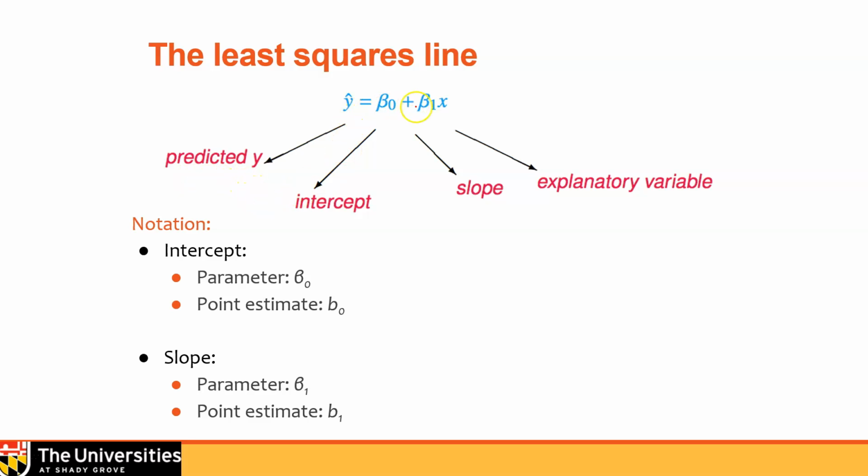These betas are parameters, and we can use a point estimate for those parameters. Sound familiar? Of course it does, because this is the same sort of thing we've been doing with every other type of test, where we are interested in a parameter. We're interested in the true population intercept and the true slope of that line.